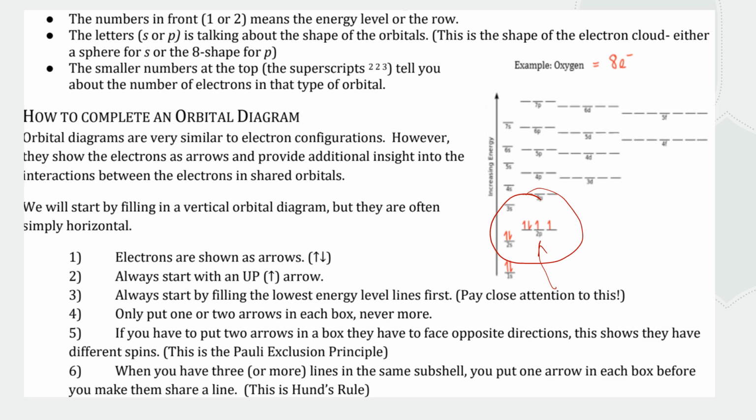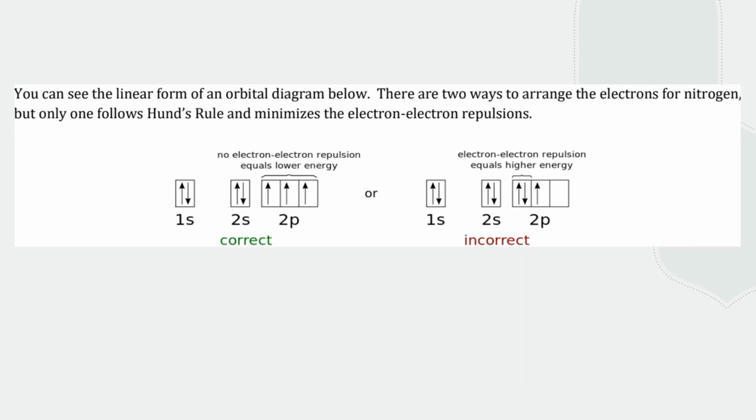According to Hund's rule, when you have 3 or more in the same subshell, you put 1 arrow in each box, or each line, and then you make them share a line afterwards. This is for nitrogen, 1s2, 2s2, 2p3. One is the correct way to fill out the energy level diagram, and one is incorrect.